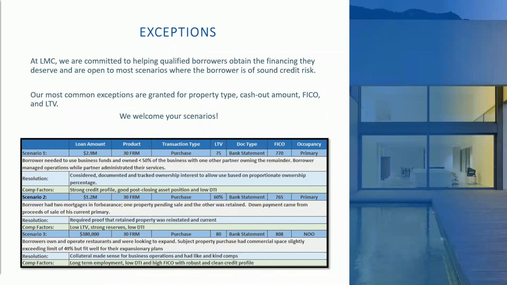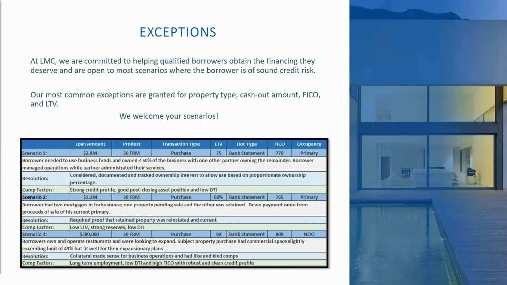Scenario 2 was a $1.2 million purchase at 60% and 765 score, bank statement on a primary residence. This borrower actually had 2 mortgages currently in forbearance. One property was pending sale, that was their primary, but they planned to keep the other one. The down payment was going to come from the proceeds of the sale of one of the homes that was in forbearance.